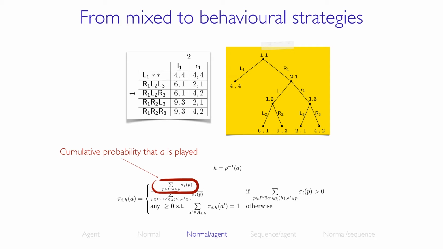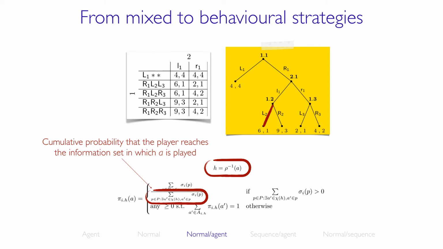Consider the example in the picture. Consider action L2. The cumulative probability over the plans to play action L2 is the sum of the probabilities over the plans R1, L2, L3, and the plan R1, L2, R3, marked in green in the picture.